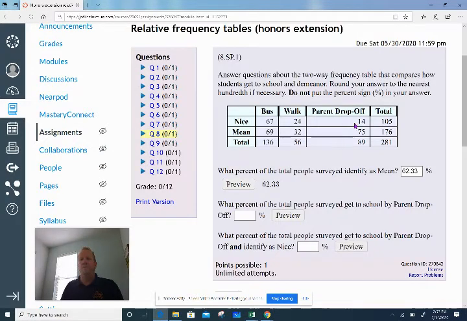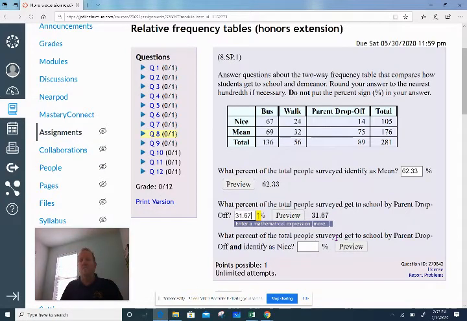What percentage of total people surveyed got to school by parent drop-off? Here's my parent drop-off. What percentage of all people, total people, 281, so 89 divided by 281 is 0.31672, so 31.67.